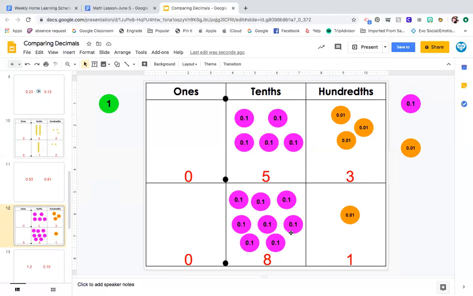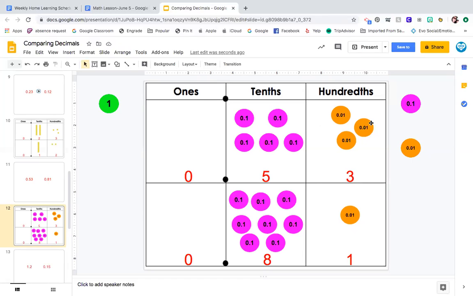So I can stop and say, I already know that 0 and 53 hundredths is less than 0 and 81 hundredths. My clue is that this digit 8 in the tenths place is greater than this digit 5 in the tenths place. I could keep looking and I see that there are 3 hundredths in this number and 1 hundredth in this number.